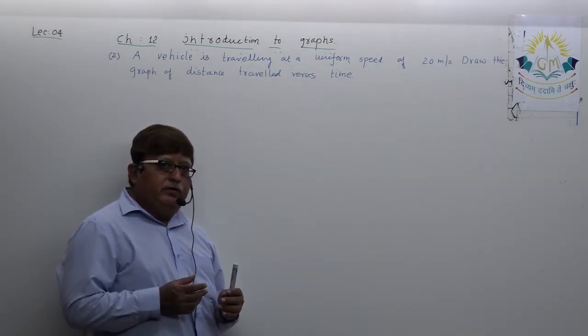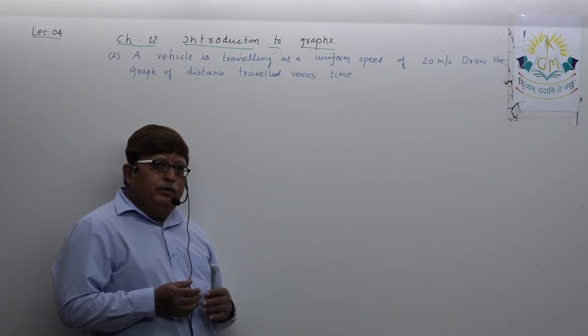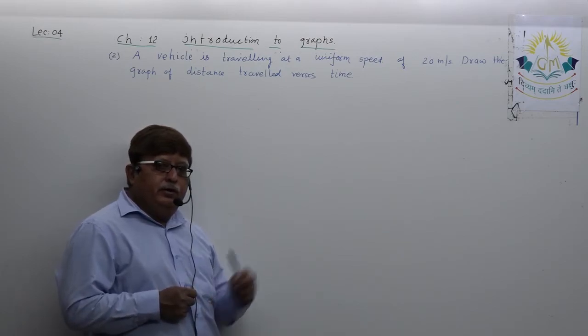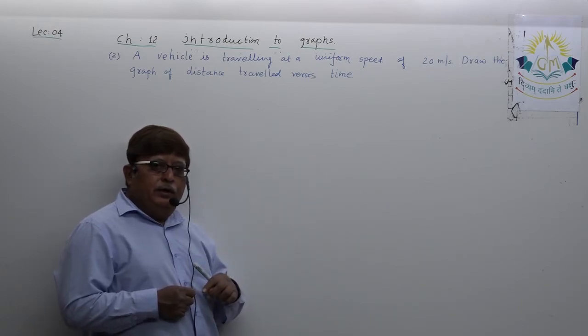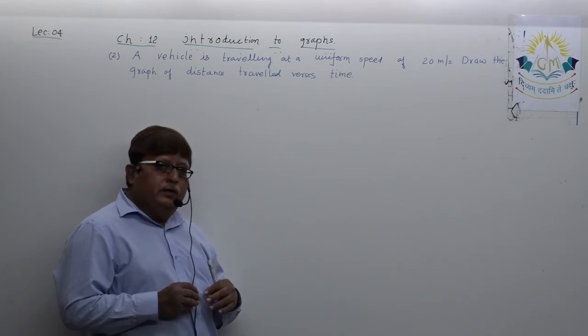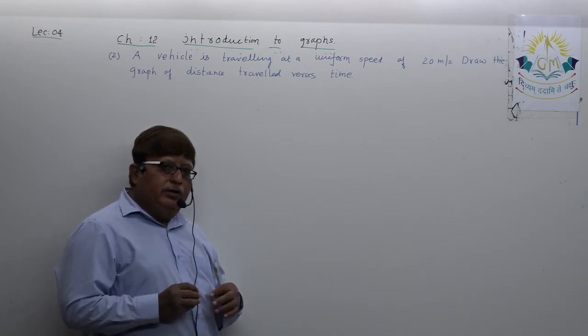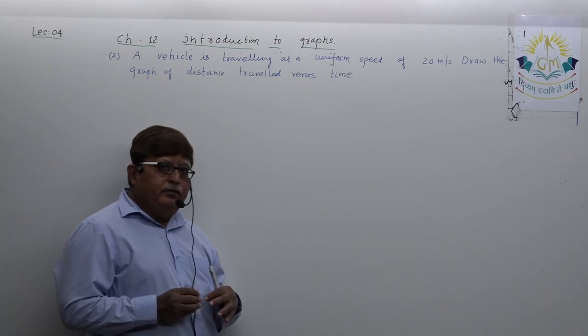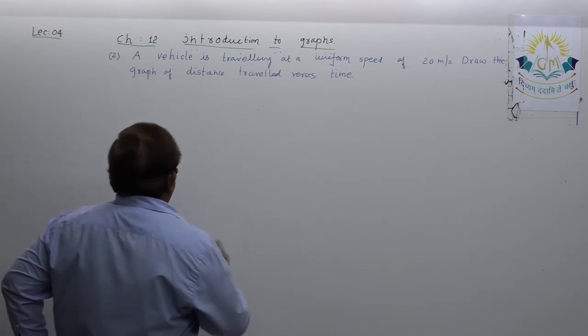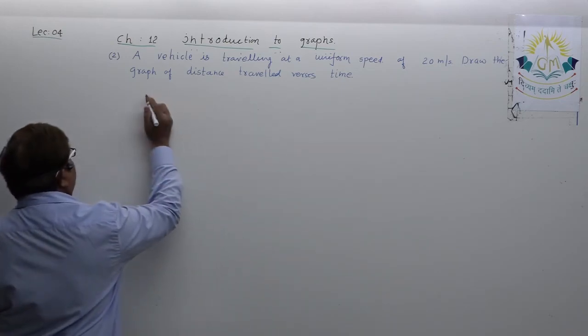Obviously, the distance traveled we will take as the dependent variable and time as the independent variable because the speed remains uniform, that is 20 meter per second. Okay, so how can we move in this?